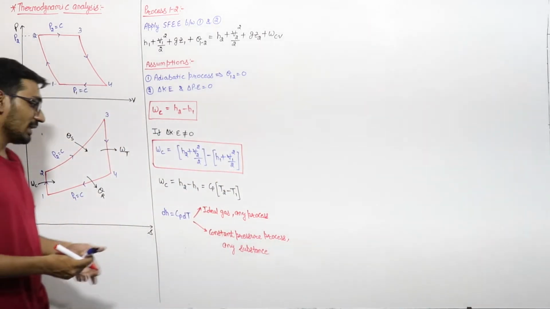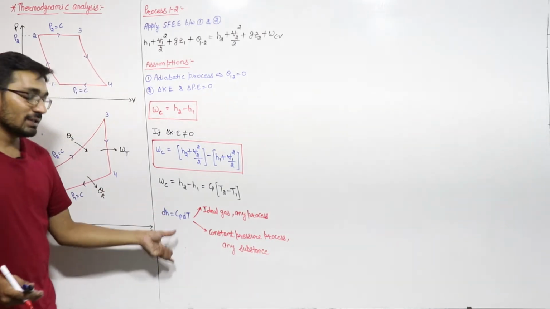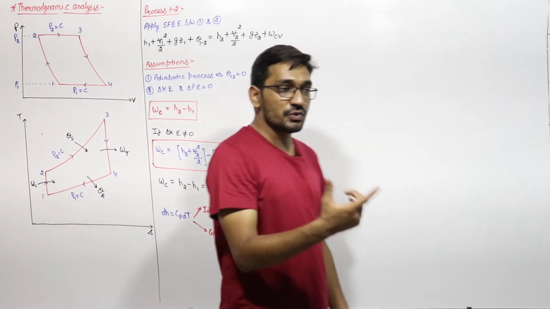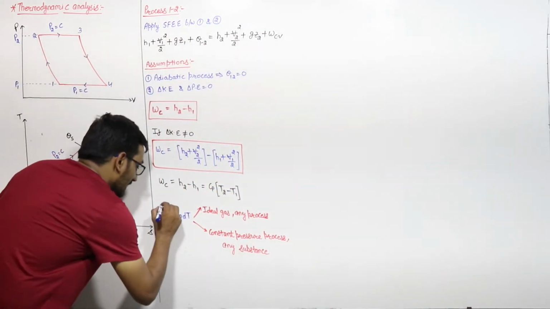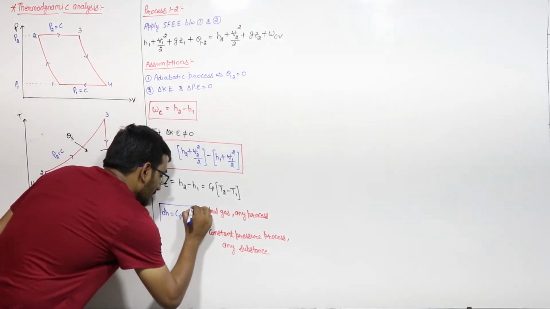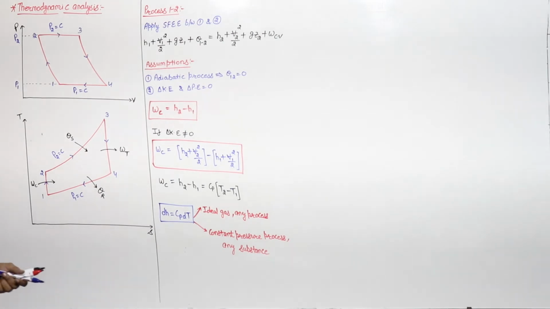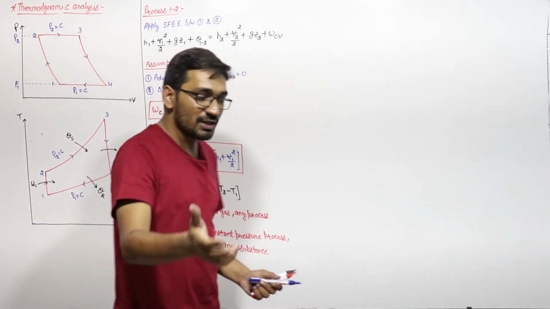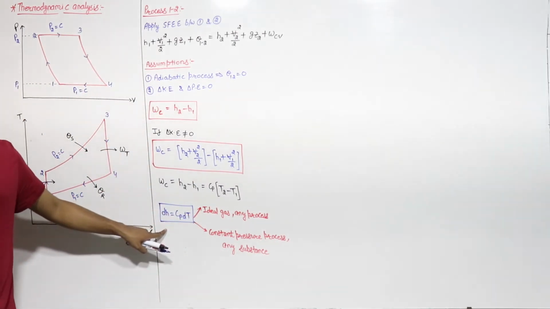This condition I am using again and again. You have to remember when you can use dH equal to Cp dT and when you can use dU equal to Cv dT. dH equal to Cp dT can be used in these two conditions. If it is an ideal gas, then for any process, whether adiabatic, constant volume or constant pressure, you can use dH equal to Cp dT.